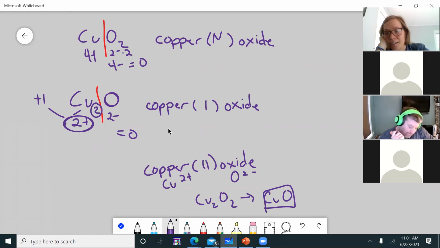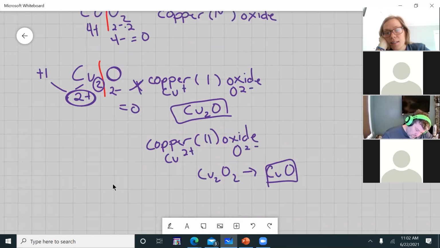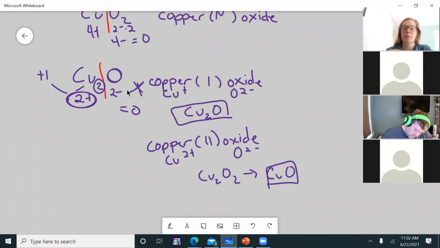No, it isn't. Let's do the one that I'm telling you is correct. Cu with a plus charge, O with a 2 minus charge, flip-flop, what do I get? Cu2O. Is that the same? It is. So this one is the correct one. So if you ever have multiples of the metal, you've got to divide it by however many you have. That's, I think, one of the trickiest things for people to understand when they're doing these ionic namings.